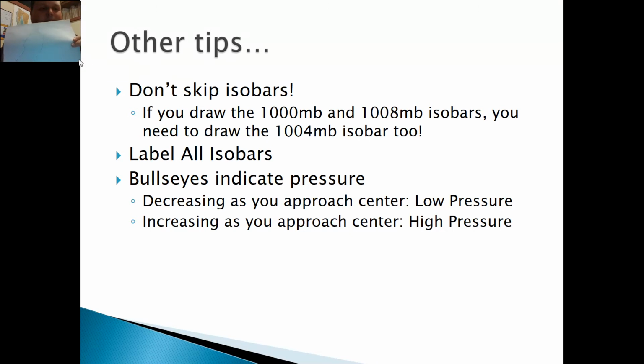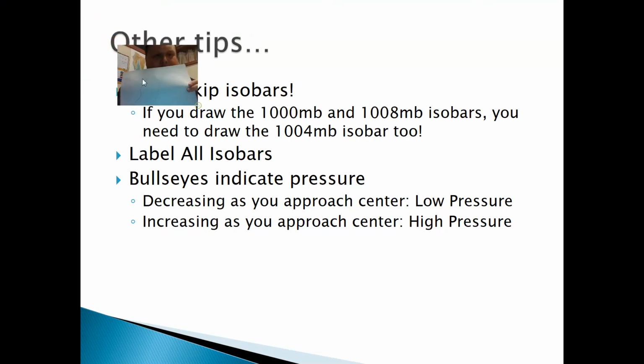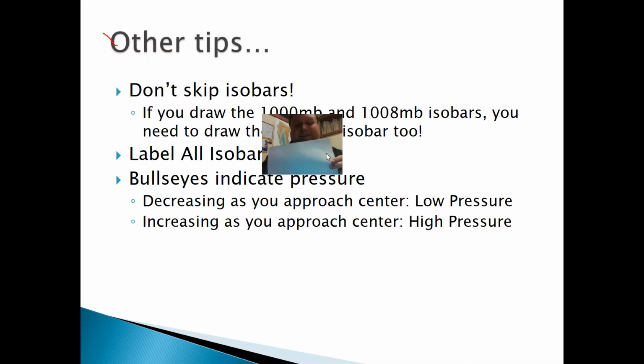Take a look, and you have a 1,000 millibar isobar here, and a 1,008 millibar isobar right here. Well, you can't skip the 1,004 millibar isobar. It's there. You have to include it. So you can't just skip isobars.